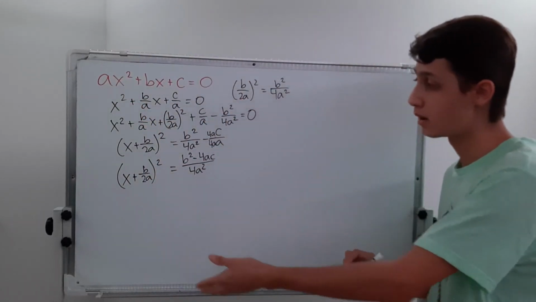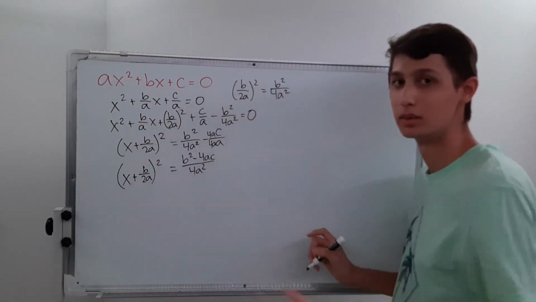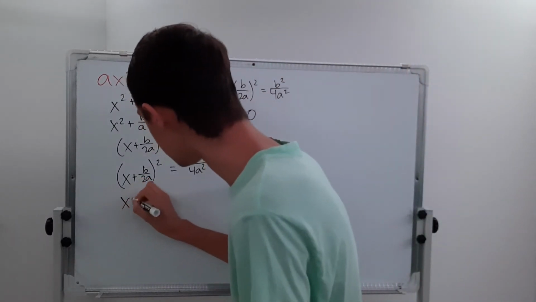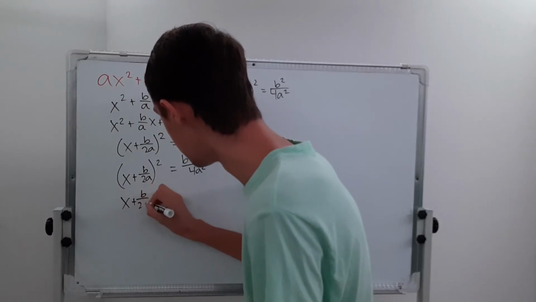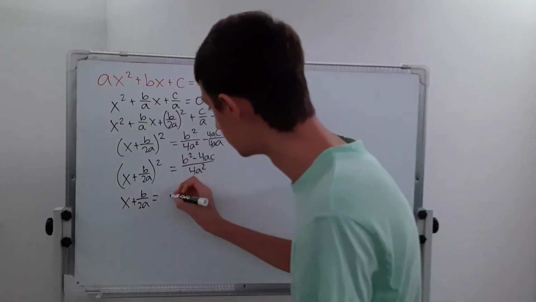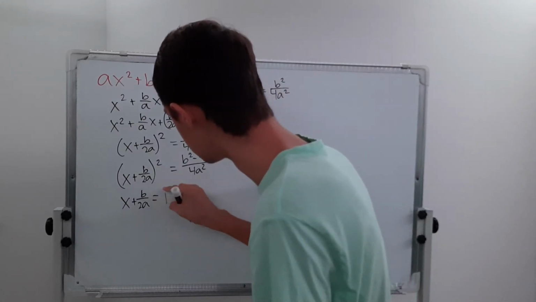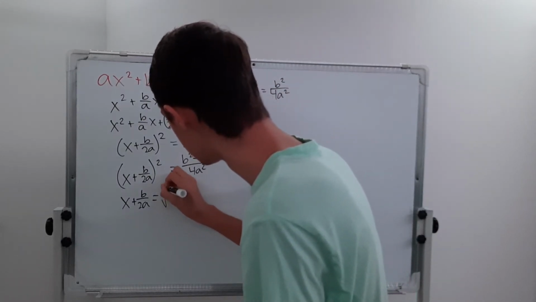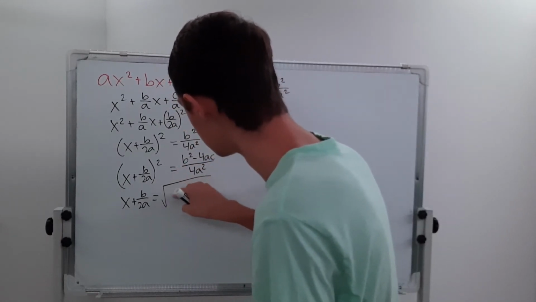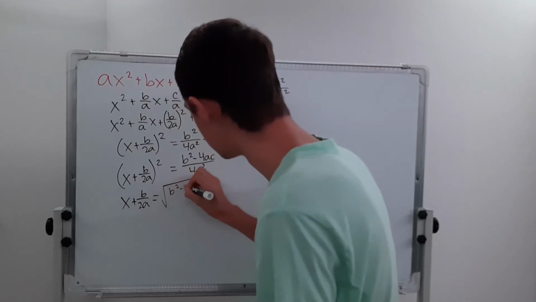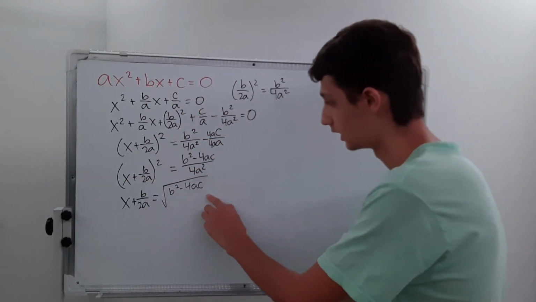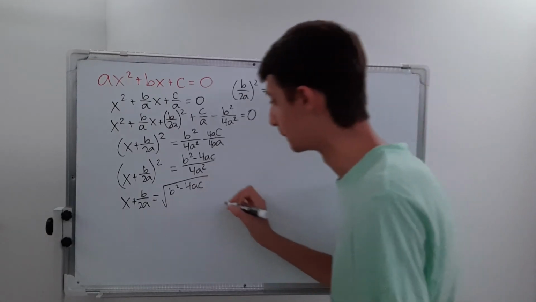Now if we want to undo the square, we take the square root. So we get x plus b over 2a, and then we square root this. So b squared minus 4ac, when we take the square root of that, it's not going to simplify to anything, it just can't.